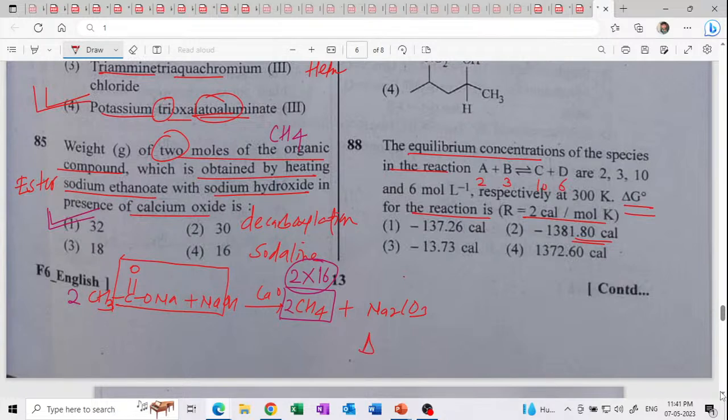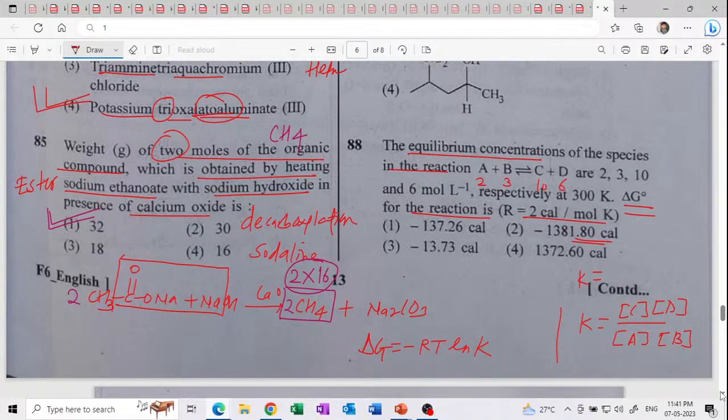Okay, delta G is equal to minus RT ln K. Get it? And what is K? K is equal to the molar concentration of C times the molar concentration of D, divided by the molar concentration of A and the molar concentration of B. Get it? And if you substitute the values, so this is the K.